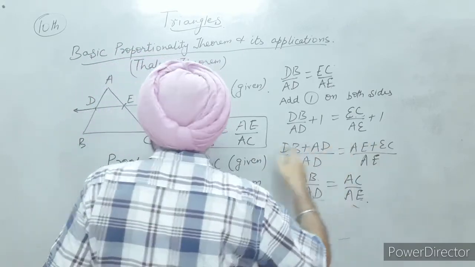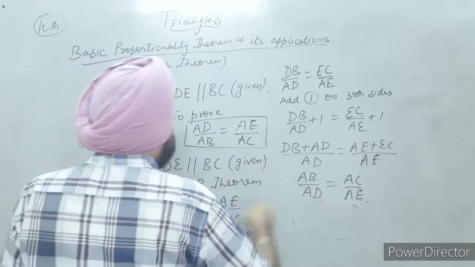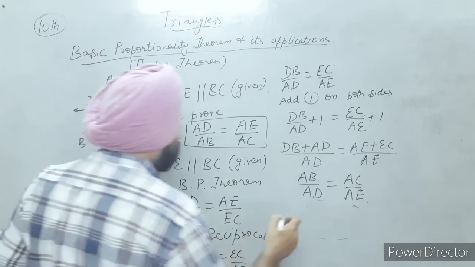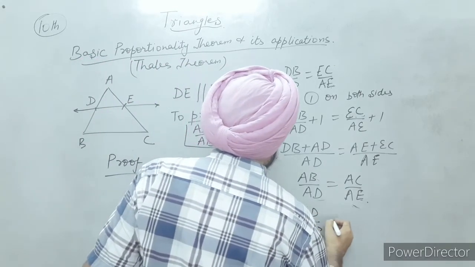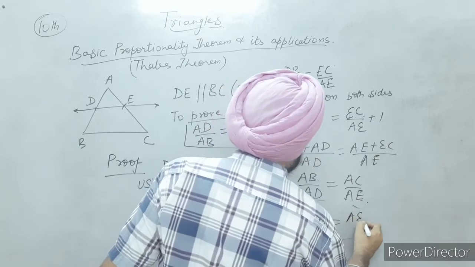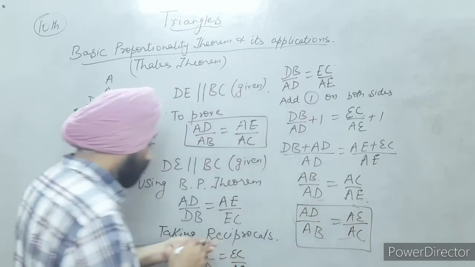What is AE plus EC? This is AC upon AE. Just take the reciprocals, we get the result. AD upon AB is equal to AE upon AC. This is the result now.